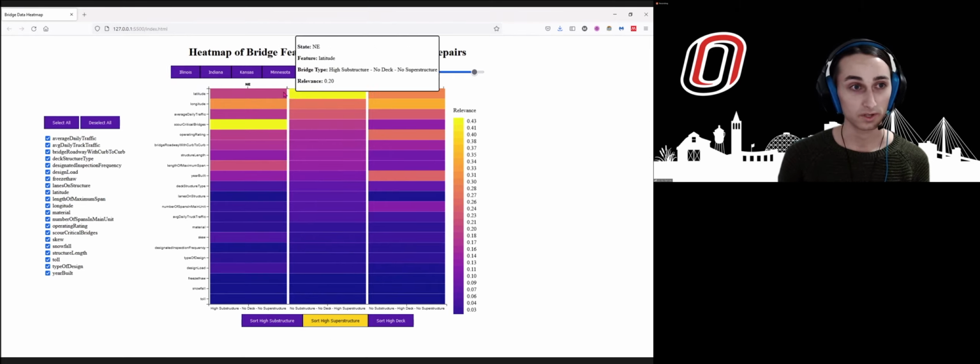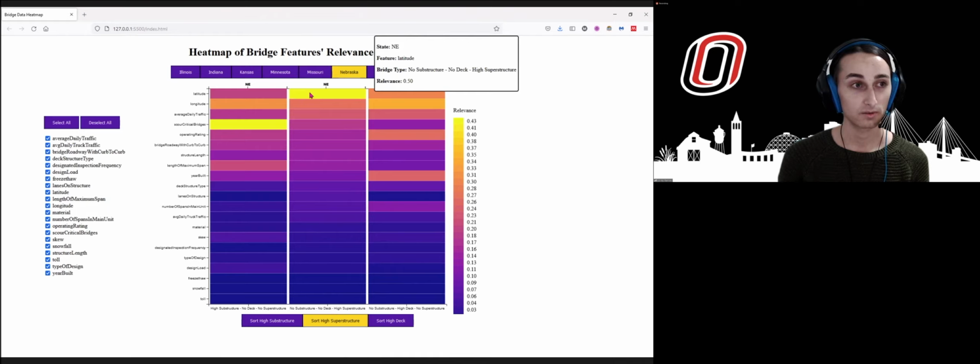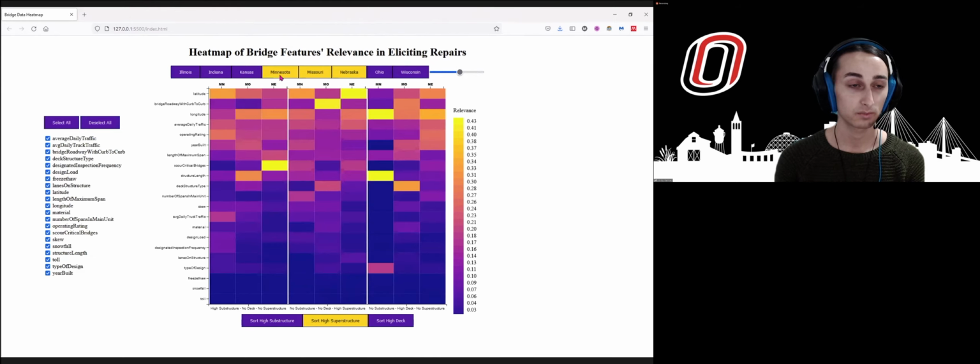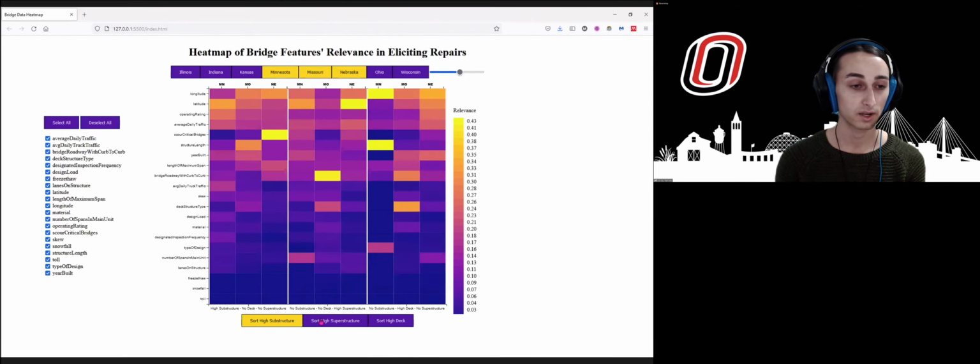Here we see that it ranks latitude as the most relevant feature in prompting a repair of a bridge with regards to superstructure. It also has the option to display multiple states and compare them side by side.